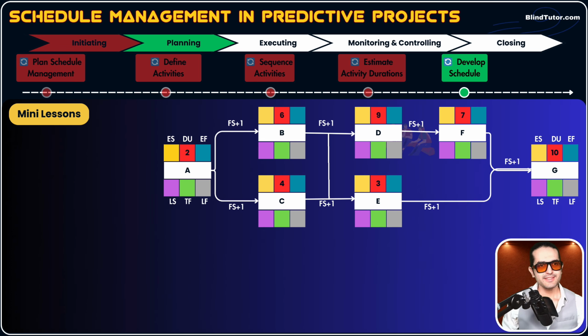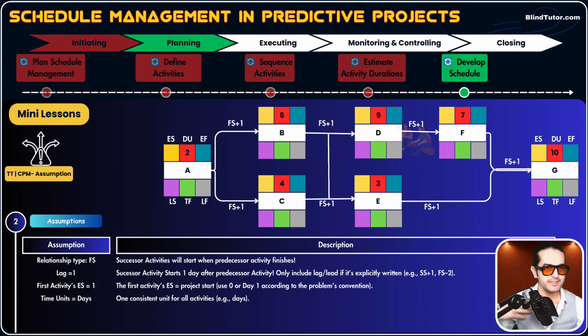All right, guys, let's continue CPM with assumptions. To use critical path method, we make some assumptions. Number one, we assume that all relationships between activities that are connected to each other are FS plus 1, finish to start plus 1.